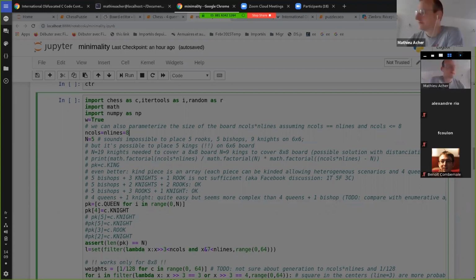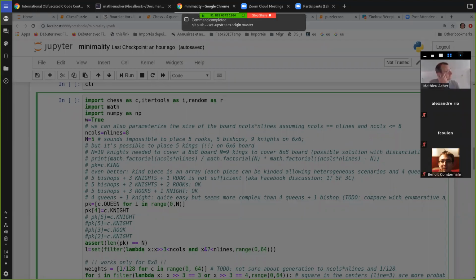Any idea? Yes, you can look on GitHub at what to do if you have committed your password, and you will find a solution to remove a commit from the history.